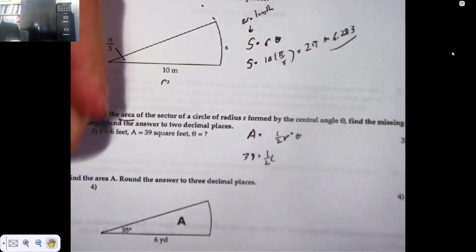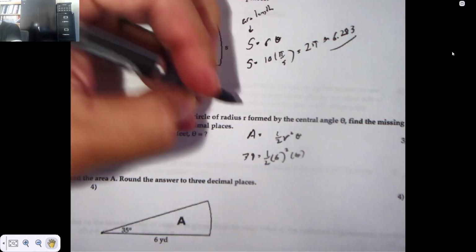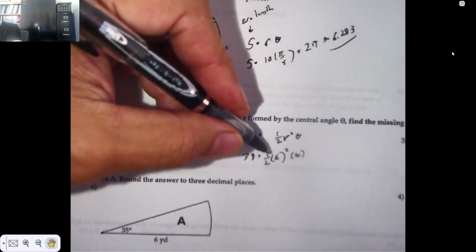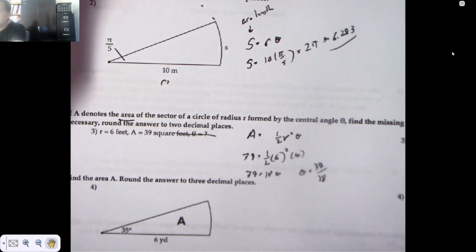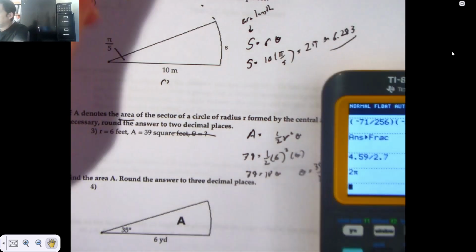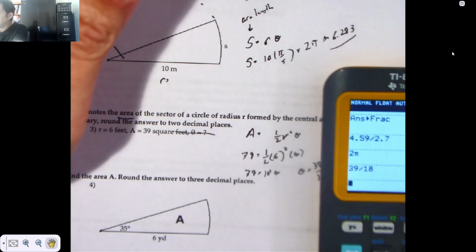The radius is 6, and that's squared. We want theta. So 6 squared is 36. Half that's 18. 39 is 18 theta. So theta is going to be 39 over 18. They want 2 decimal places. 39 over 18 is 2.167, or 2.17.